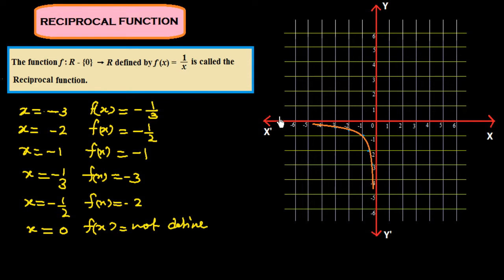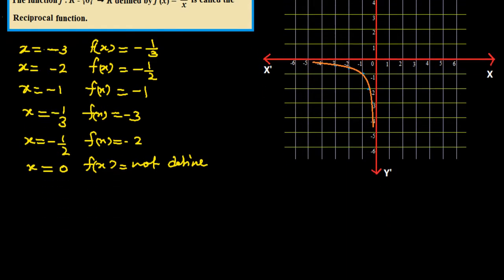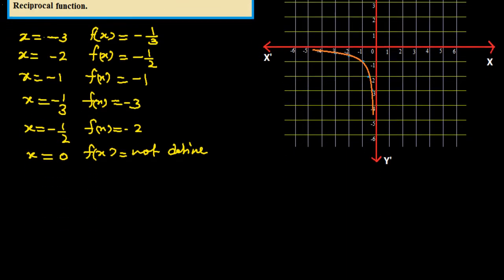Now if you put the positive values for x, what do we get? If you put x equal to 1, we get f of x equal to 1. If we put x equal to 2, then f of x is 1 over 2.